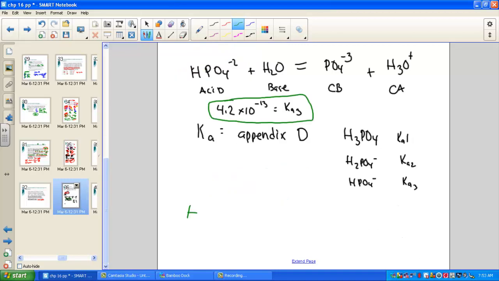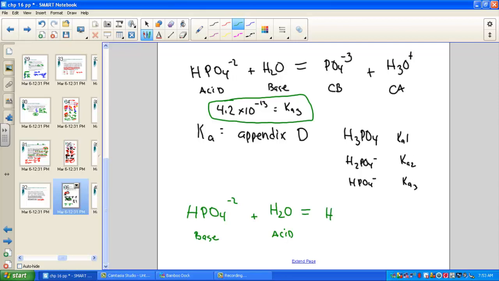However, it's amphoteric. So let's suppose we labeled it, instead of an acid, as a base, and it undergoes hydrolysis. Therefore, water is acting as an acid. It's accepting the proton, isn't it? A base will accept a proton.